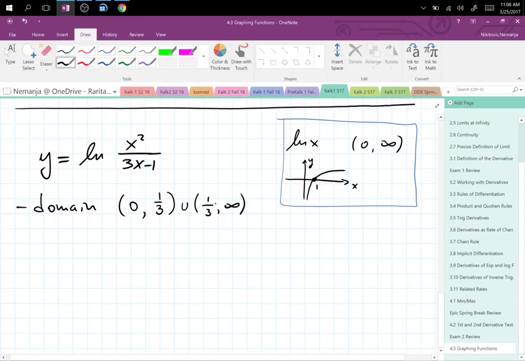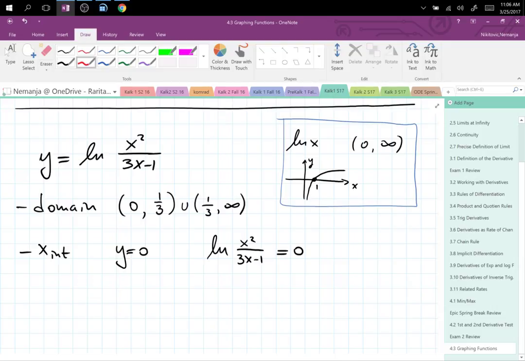Range, you can say negative infinity to positive infinity because you know how ln looks in general. You also know it has a vertical asymptote. But let's keep the range for now. Let's go for x-intercepts right away. We'll set y equal to 0, which means ln of x squared divided by 3x minus 1 is equal to 0. How do we solve this?